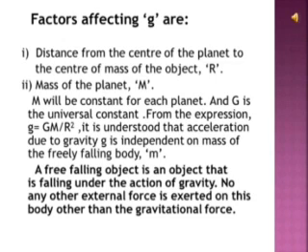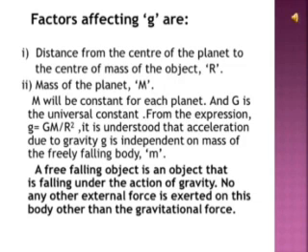First point is the distance from the center of the planet to the center of mass of the object, capital letter R, and second one is the mass of the planet, capital letter M. Capital letter M will be constant for each planet and G is the universal constant.